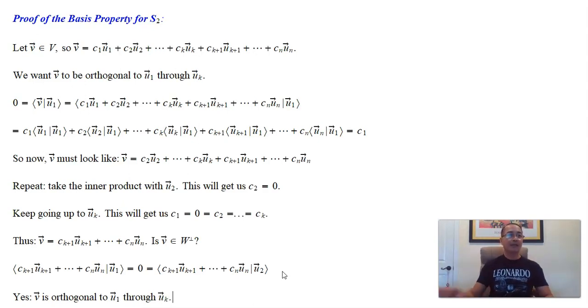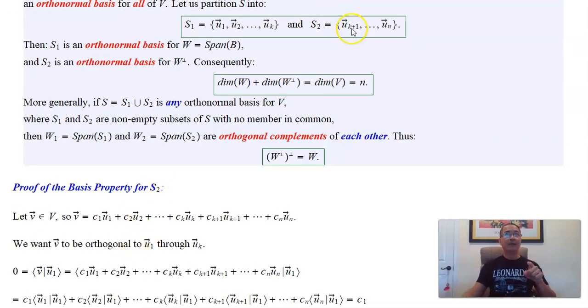By making all of these coefficients from U1 to UK equal to 0, what we have left is guaranteed to be a member of the complement. But wait a minute, who are these vectors? Those are exactly the vectors in what we call S2.